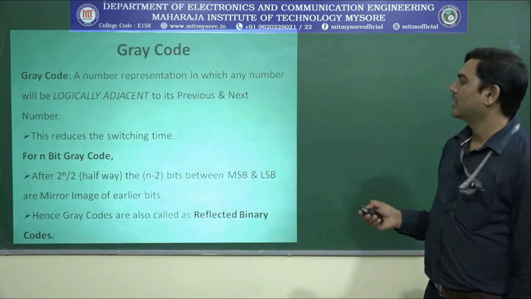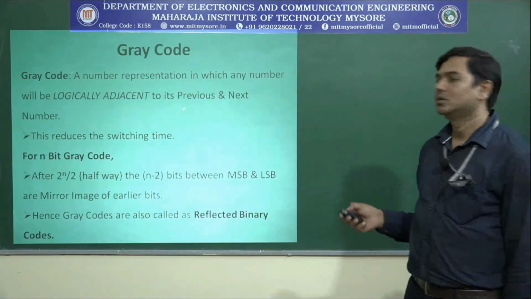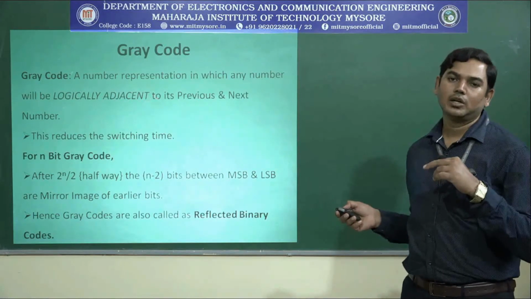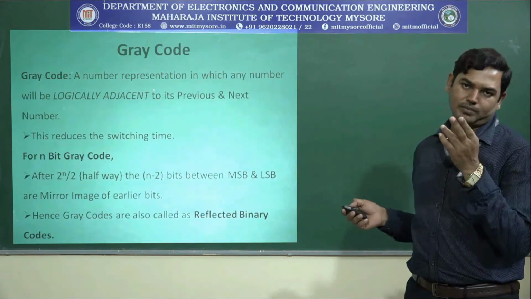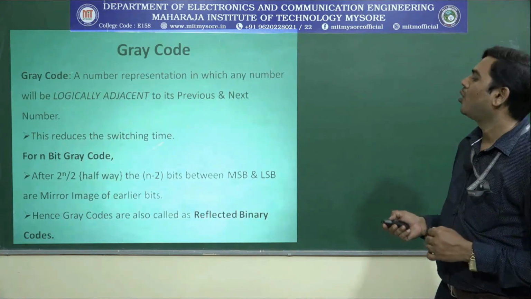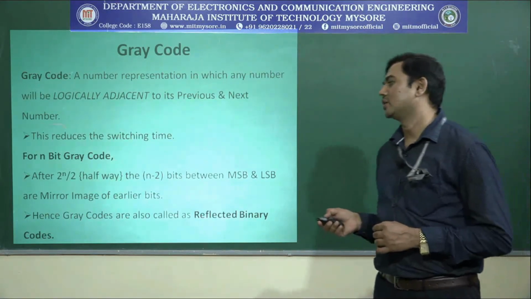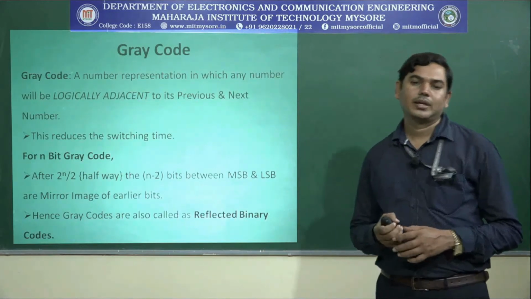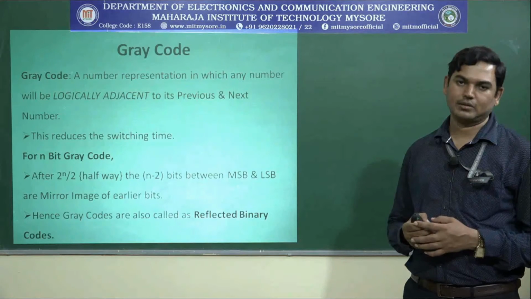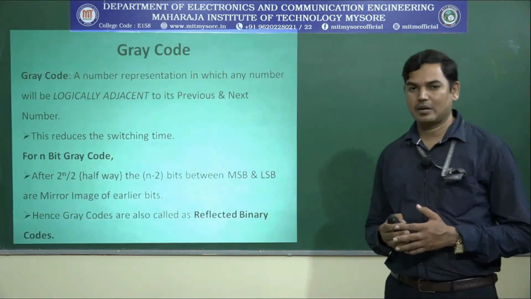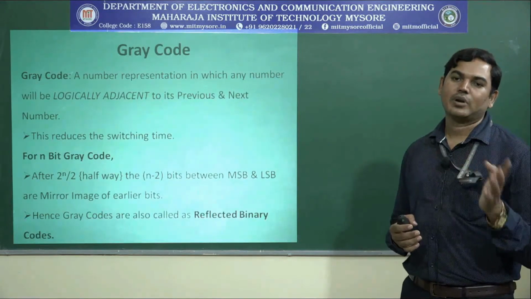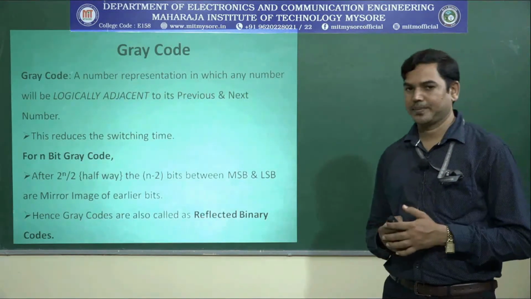So, here is the definition of gray code. It is a number representation system in which any number will be logically adjacent to its previous as well as the upcoming representation. What is the use? That is important. So, this gray code is used in error detection mechanism in digital communication, where we have data coming bit by bit from a transmitter into the receiver.